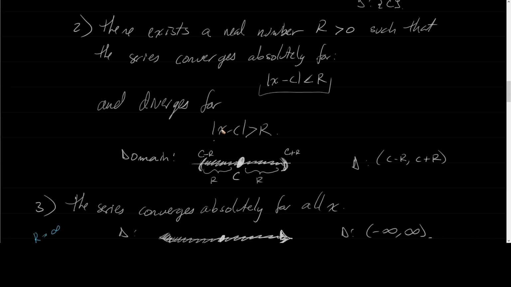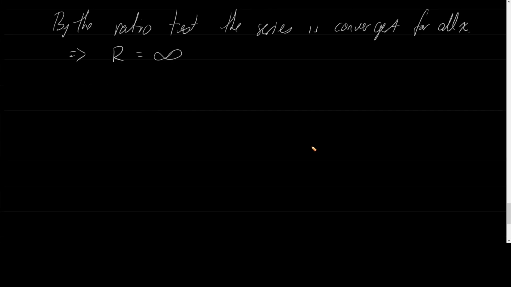If we're greater than r, it diverges. But what happens when this is equal to r? All right. So in other words, what's happening here at the actual point here and at the point over here? Because we already know what happens in between. We're asking about the endpoints of that interval. So let's figure that out. Let's see how that affects things.